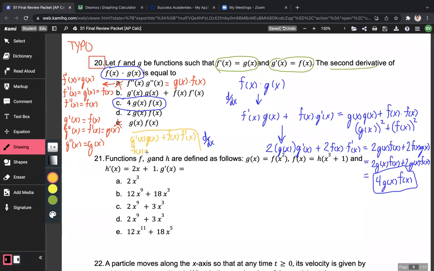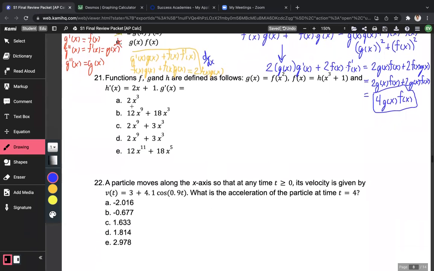So f of x, g of x plus f of x times, and f prime of x is g of x. That's just going to equal 2 f of x, g of x, which again is repeated as answer choice D. So we've confirmed that C is the correct answer for number 20.